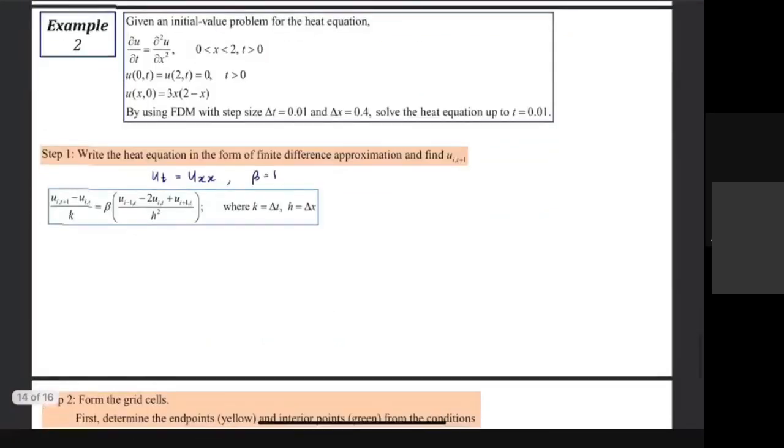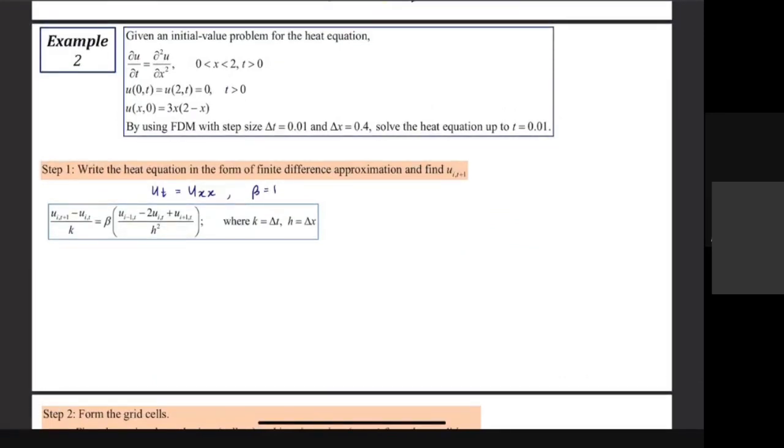So look at the example. Given an initial value problem for the heat equation, this is the heat equation, with this condition. Given ut equals uxx from the question, where alpha equals 1. Okay, the first step is we want to find this u i, t plus 1. Remember, we want to determine the red points using this formula.